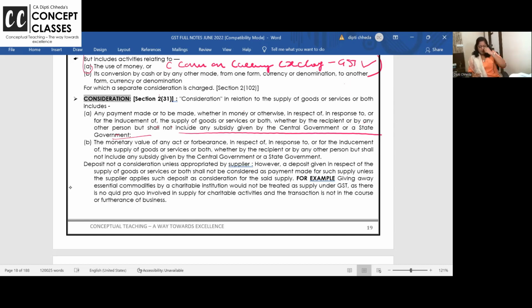I am giving services to the central government, and if they are giving me any subsidy, on that GST is not there. Ma'am, is GST charged on the central government? Absolutely it is charged, and it will apply under reverse charge mechanism, RCM, we'll read ahead.